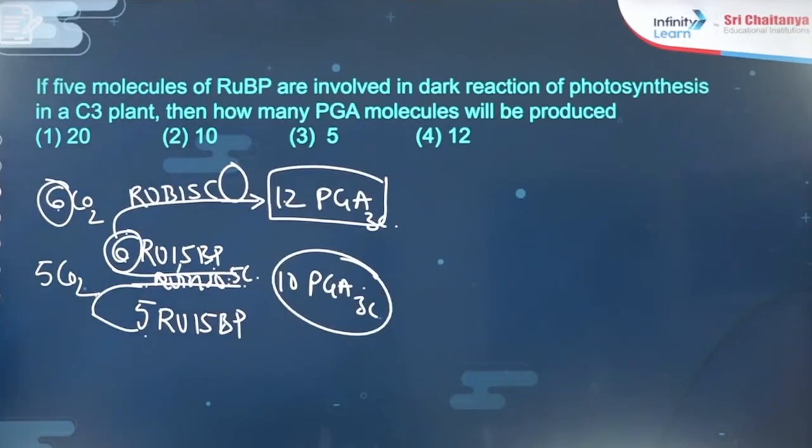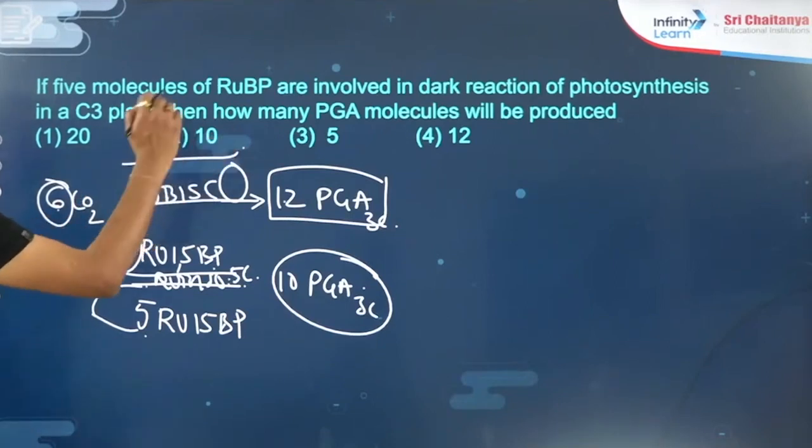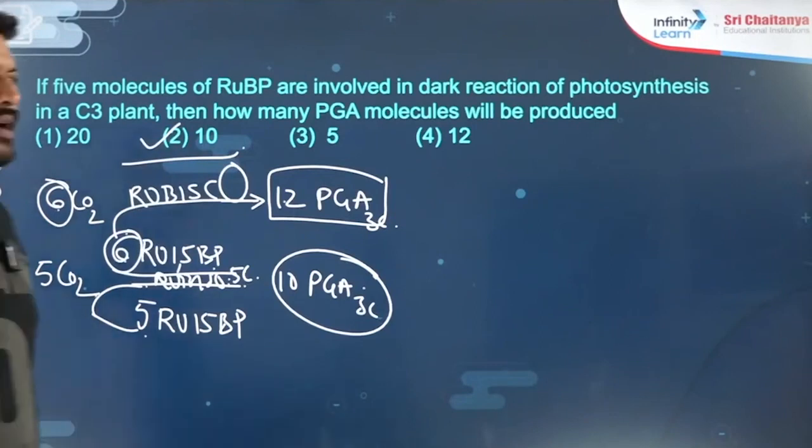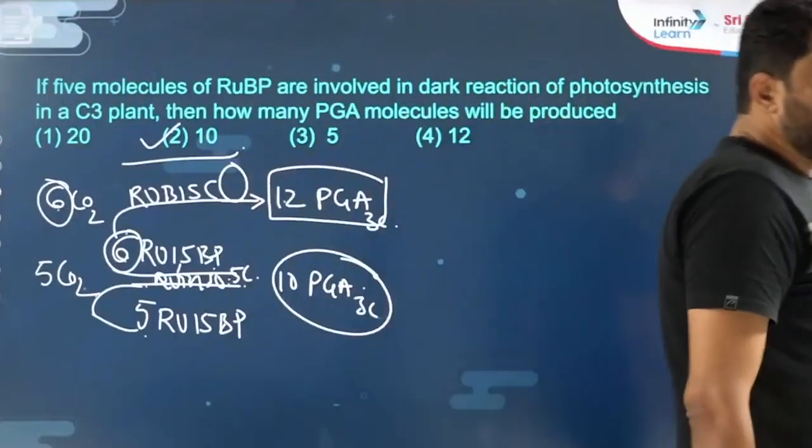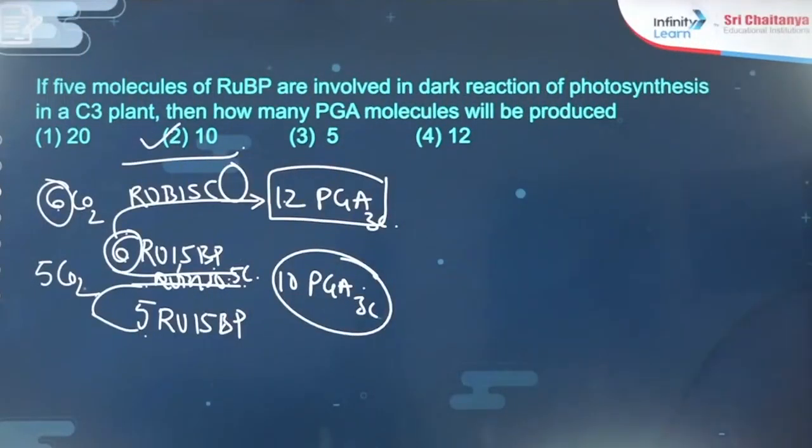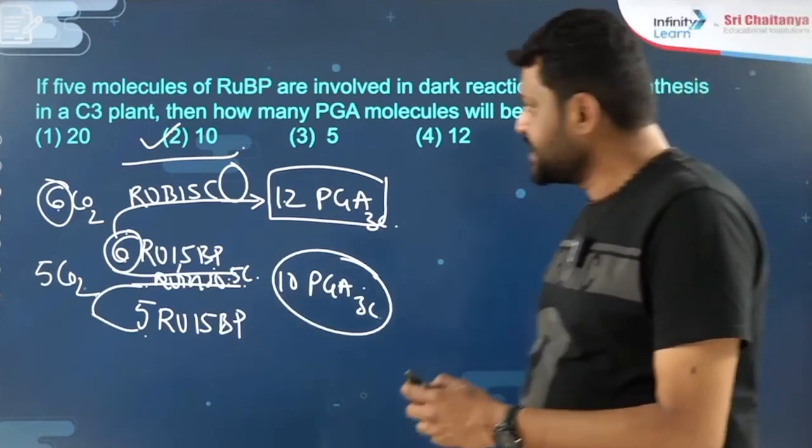Are you getting me? And the answer is the second option, that is 10 PGA molecules. Was it clear, students? Shall I go to the next slide? I am going to the next slide.